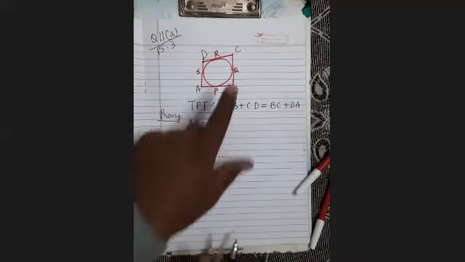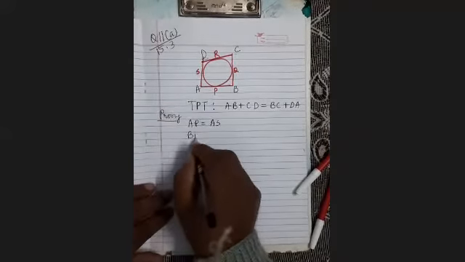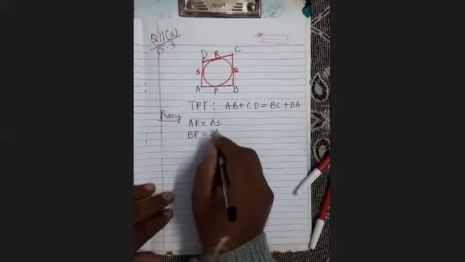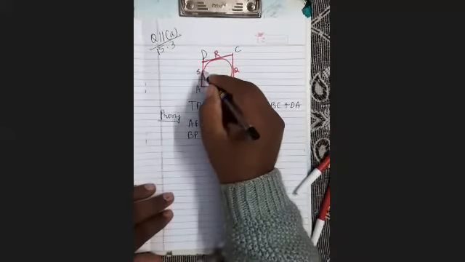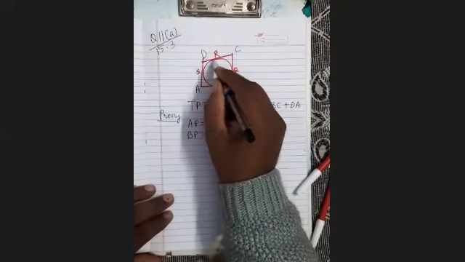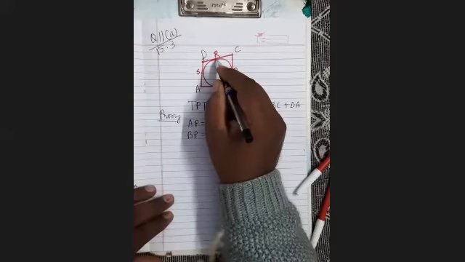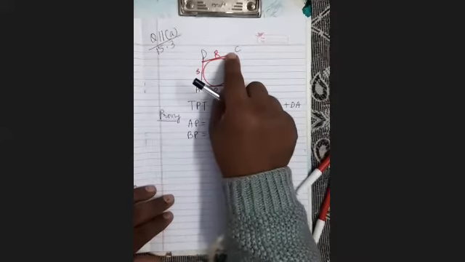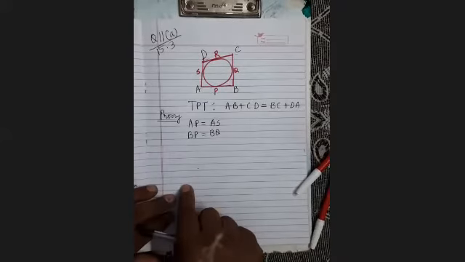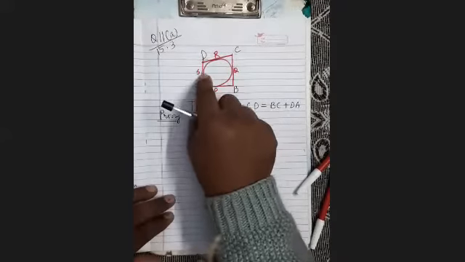Similarly, BP equals BQ. Then you write DR equals DS. पहले हम DR लिखेंगे. ऐसे इस साइड और इस साइड के पार्ट्स हम लेफ्ट हैंड साइड में लिखेंगे. So DR equals DS.